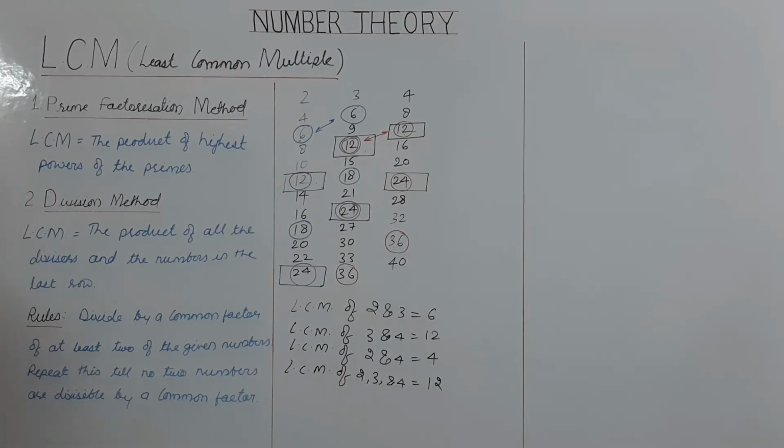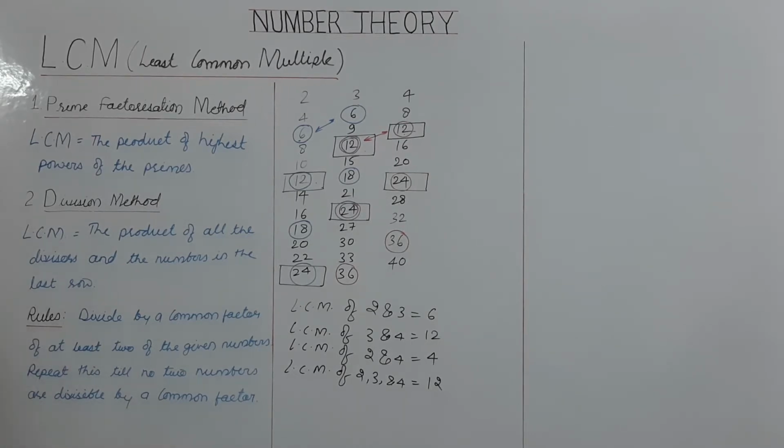And in division method, LCM is the product of all the divisors and the numbers in the last row. For division method, we have a rule: divide by a common factor of at least 2 of the given numbers. Repeat this till no two numbers are divisible by a common factor.